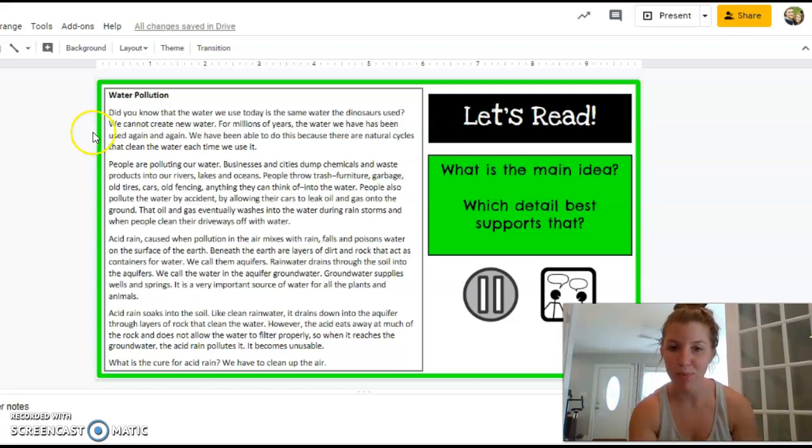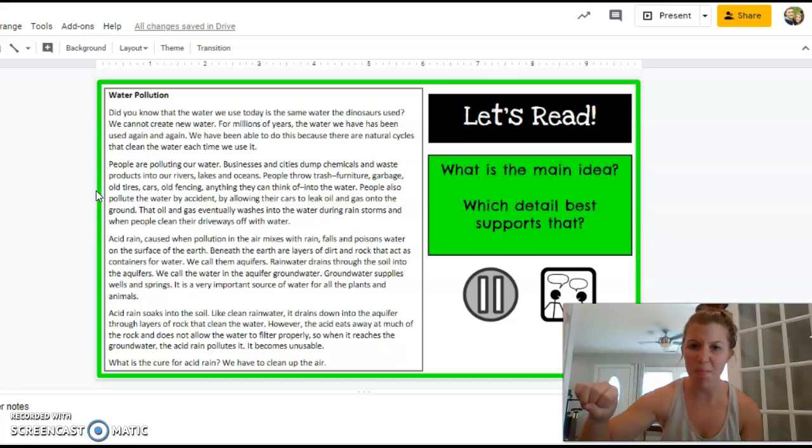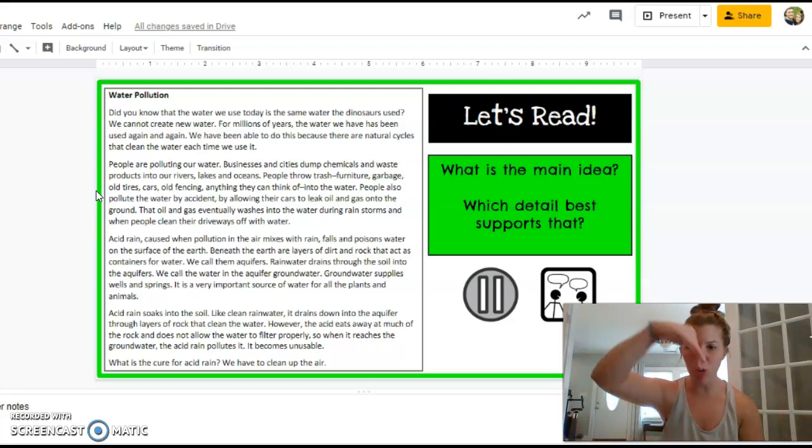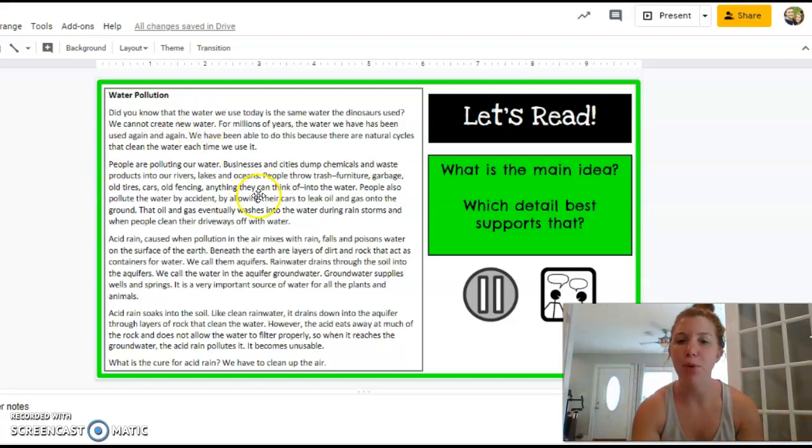Paragraph 2. People are polluting our water. Businesses and cities dump chemicals and waste products into our rivers, lakes, and oceans. People throw trash, furniture, garbage, old tires, cars, old fencing, anything they can think of into the water.